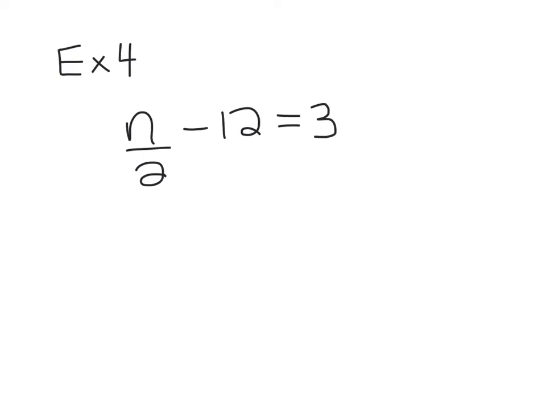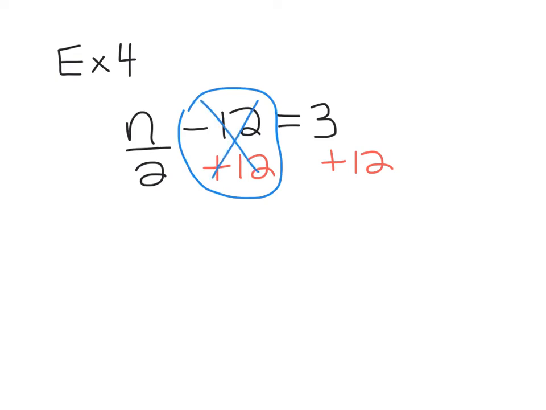The opposite of subtract 12 is add 12. So we are going to add 12 to both sides. Minus 12 plus 12 makes 0. So this is gone. That means that on the left side, I'm left with n divided by 2 is equal to 3 plus 12, which is 15.